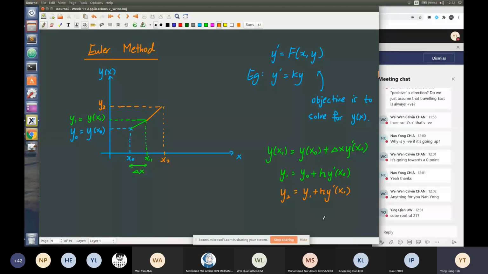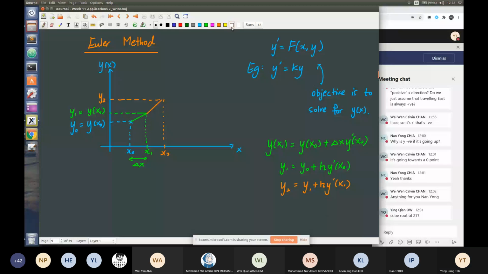I think you know where this is going already. What's the general formula? The general formula is y n plus 1 equals y n plus h times y prime at x n. So this is what Euler's method is about.